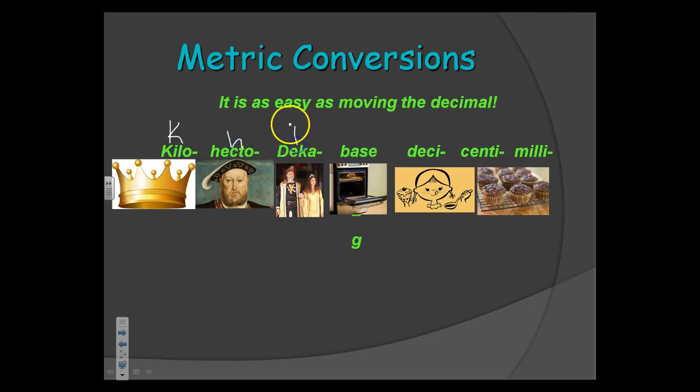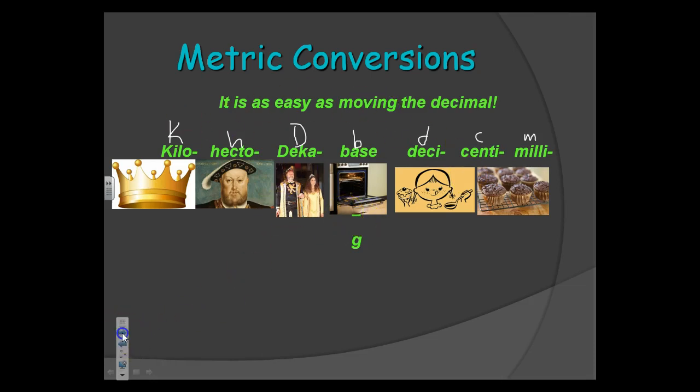Deca I abbreviate as a capital D. Base unit, we'll just put a little b there. And deci, it's little, so it gets a lowercase d. Centi and milli. So this is something that you could write on the top of your paper. That's just kind of a shorthand.